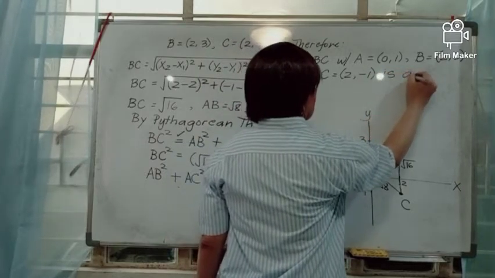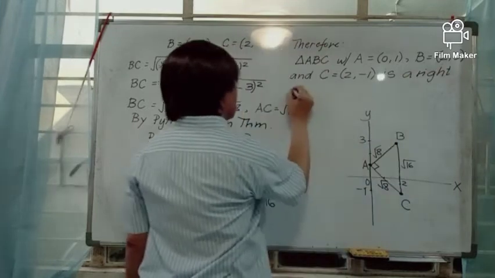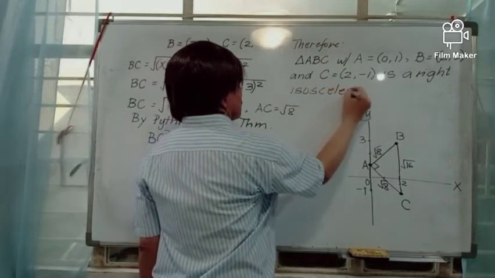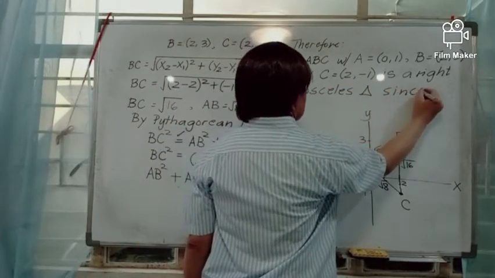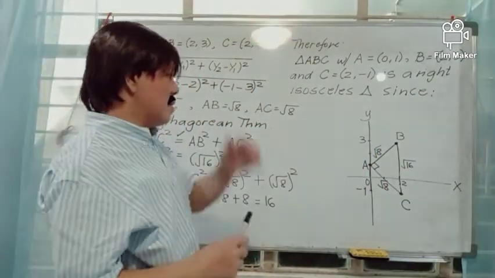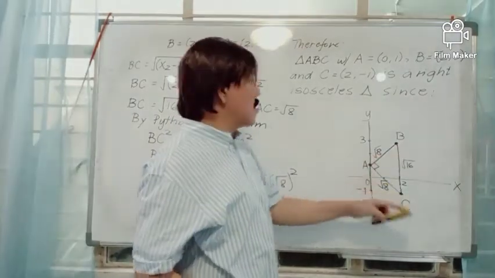is a right isosceles triangle. It's a right isosceles triangle because we have shown that two of its sides are congruent.